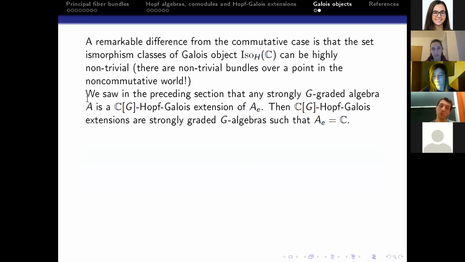As we saw before, if we take the Hopf algebra called the group algebra, C[G], strongly graded G-algebras are the Hopf-Galois extensions of the component of the identity. And when this component is the ground field C, then A is a Galois object.